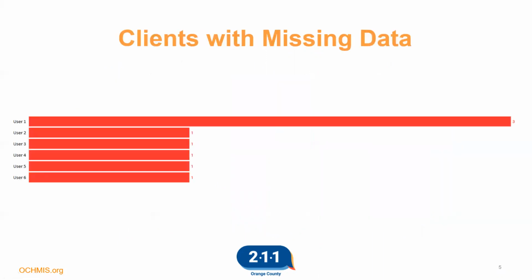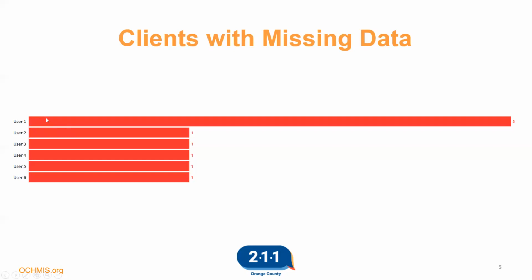The next option is looking at how many clients each user entered that had missing data. So over a reporting period, this is looking at, for example, every enrollment that a user entered and how many enrollments had a don't know, refuse, data not collected, or blank response that should have been filled.